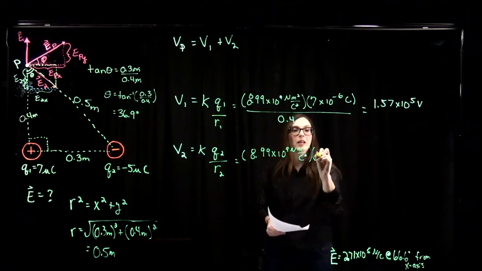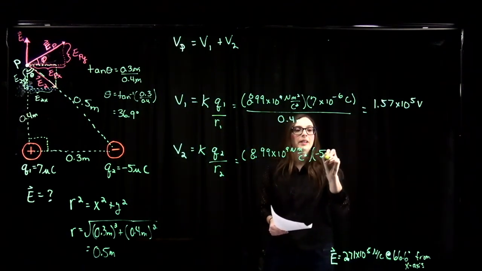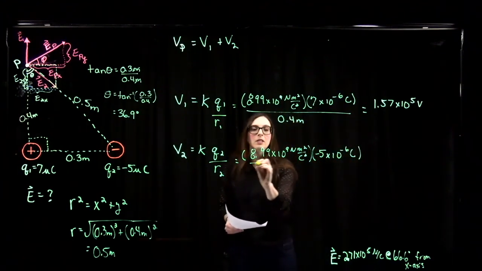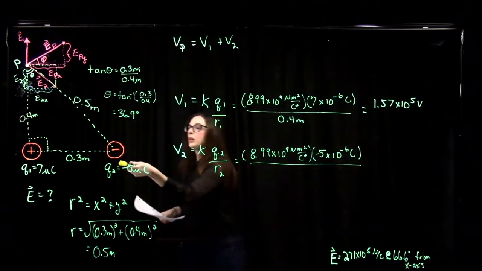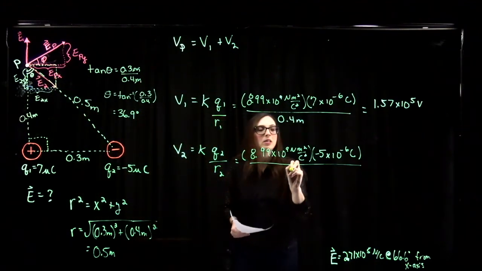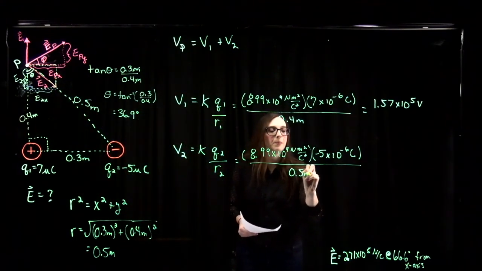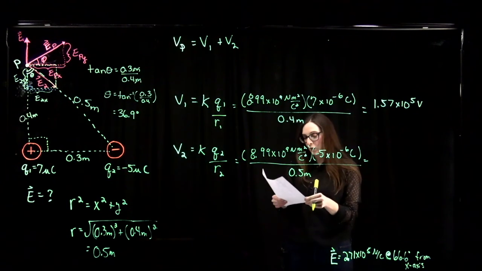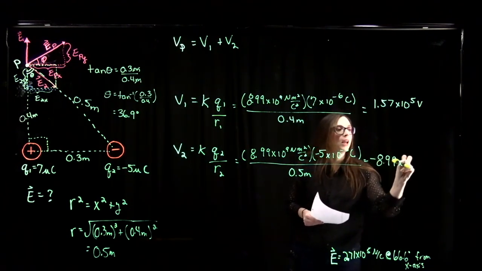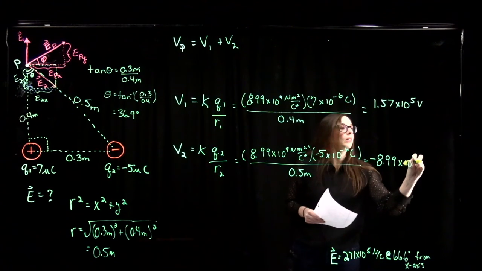We are going to put in the minus sign here, minus 5 times 10 to the minus 6 coulombs, all divided by this distance between charge 2 and point P, which is 0.5 meters, the hypotenuse of that little triangle there. Then this electric potential is minus 8.99 times 10 to the 4 volts.